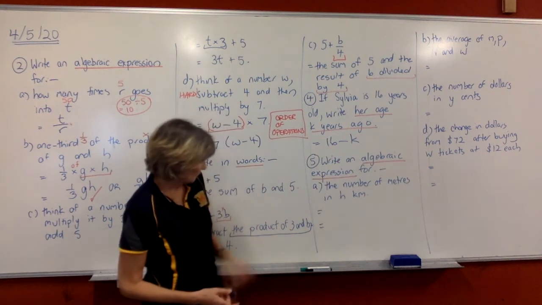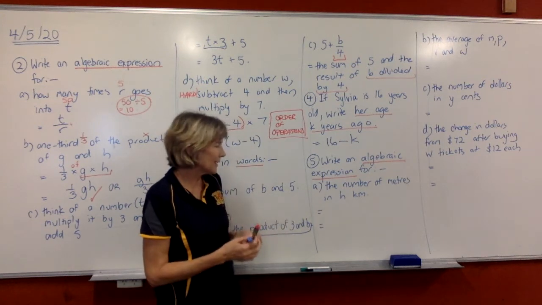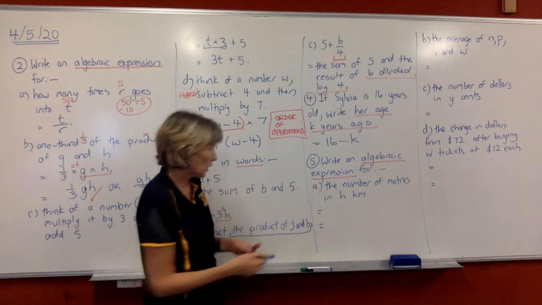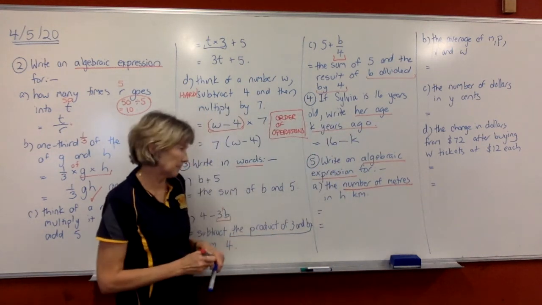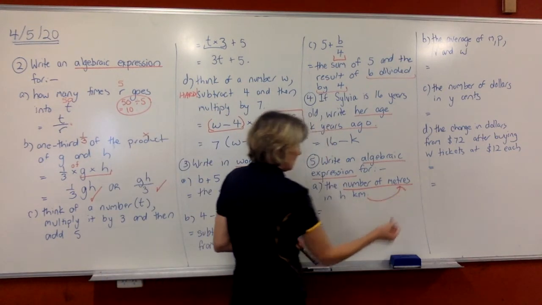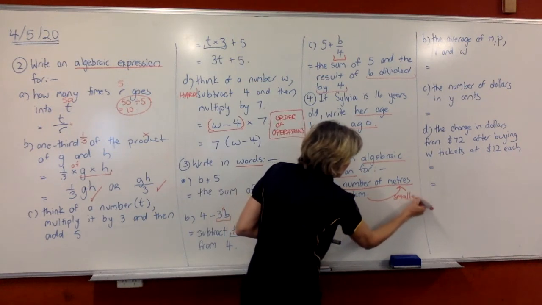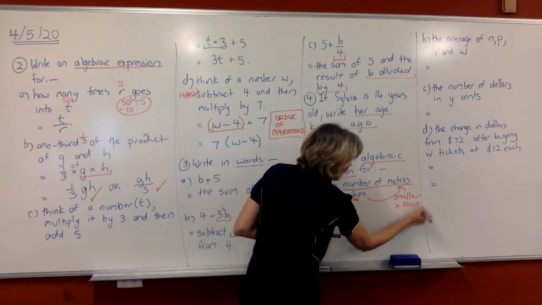All right, the next one. Write an algebraic expression for each of these. So we have the number of metres in H kilometres. So we're trying to find the number of metres here. Now to go from kilometres to metres, we're going to a smaller unit. So we're going to times by 1,000 per kilo.